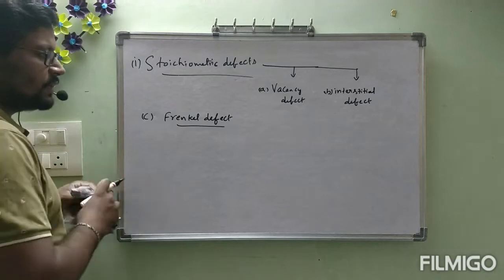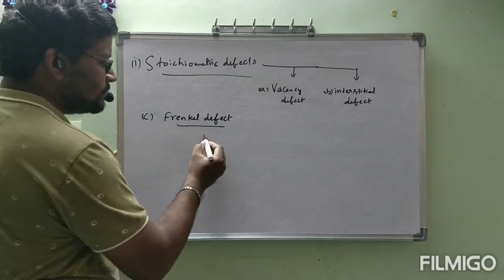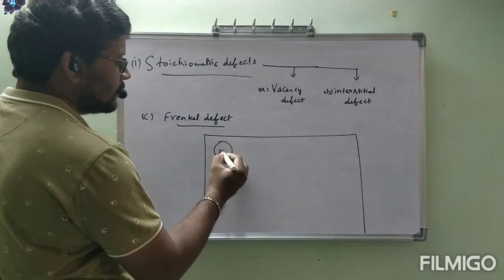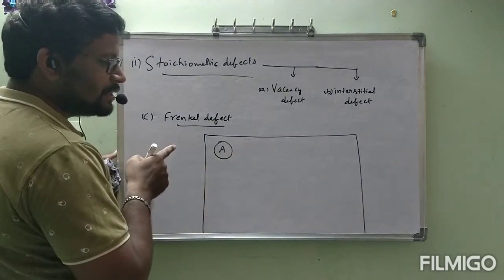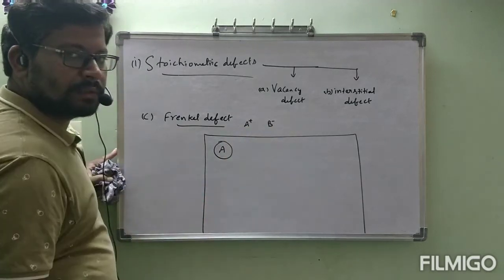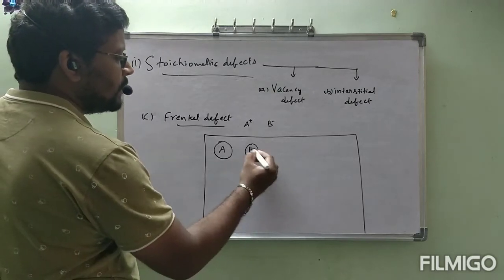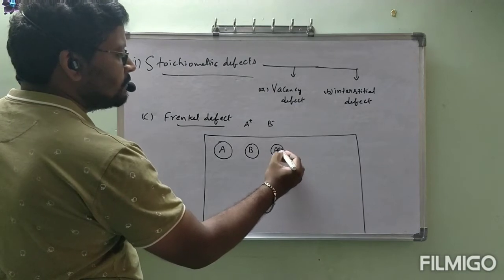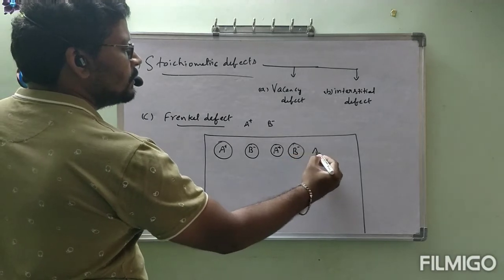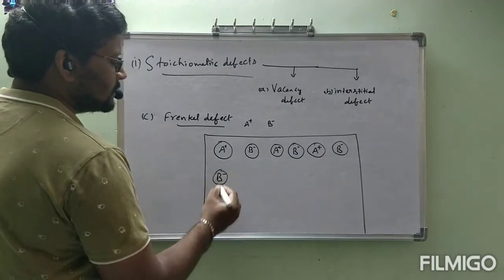To understand this Frenkel defect, we can go through one example, taking a general example. Here this is an ionic solid, so definitely A will be positive and B will be negative. A will be cation and B will be anion. Next B minus, next A plus, B minus, A plus, B minus.